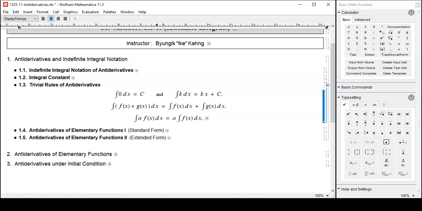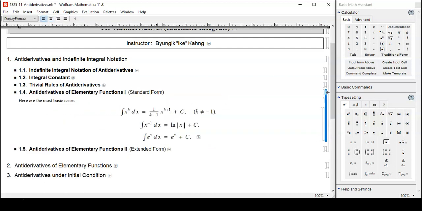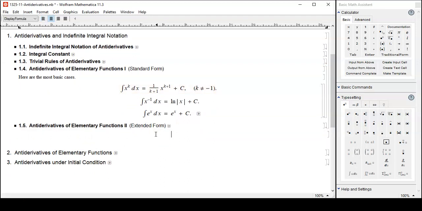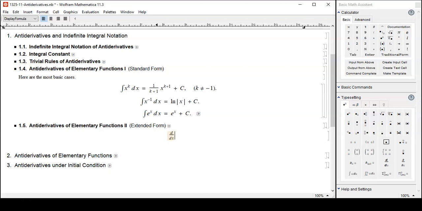Okay, so much for trivial rules. Now let's talk about some rules that you're going to actually use. Okay, power rule. So if you take the derivative of power function, what do you get? Well, power comes out as coefficient and subtract 1 from the power.